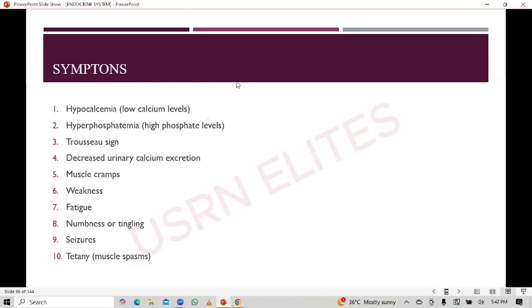The moment the calcium level tries to go up, the kidney will try to excrete some of it so that you maintain a normal serum calcium level. So primarily, calcium is absorbed in the intestine, later being used by the body for strong bones and strong teeth.